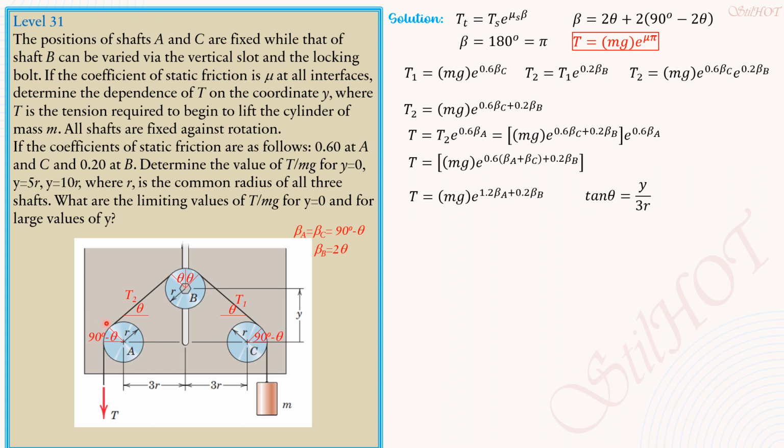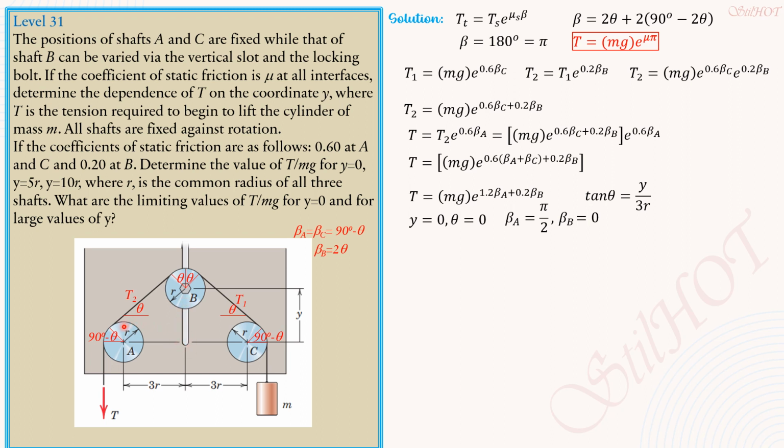But 90 degrees minus theta, because theta is 0, is 90 degrees, so pi over 2 also at C. So y is 0, theta is 0. Therefore, beta A equals beta C equals pi over 2. So this would be the cable or the belt when y is 0.